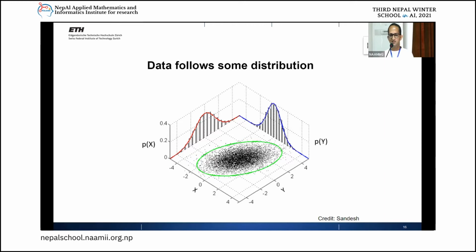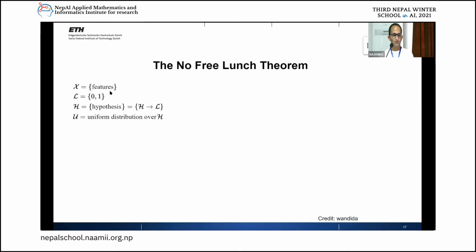And you will have these marginals, and X is the data, Y is the label, and these things. Actually, these are slides that I borrowed from Sandesh, who delivered the lecture on the first day. All right, so this is going to be crucial. It's going to be crucial to learn the distribution of the data so that it will allow you to make inference later on in a more meaningful way. Actually, if you have no clue about the distribution of the data, I can show you in a few steps that there is no hope.